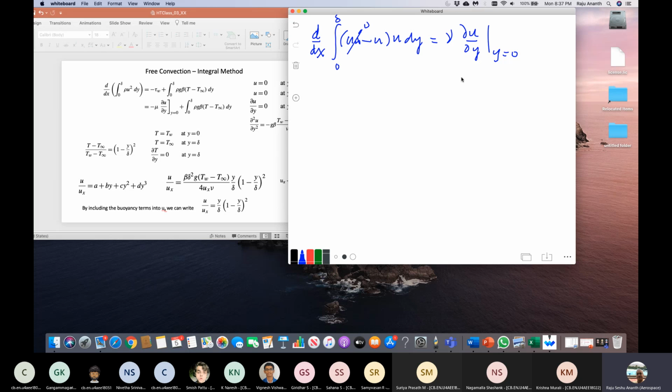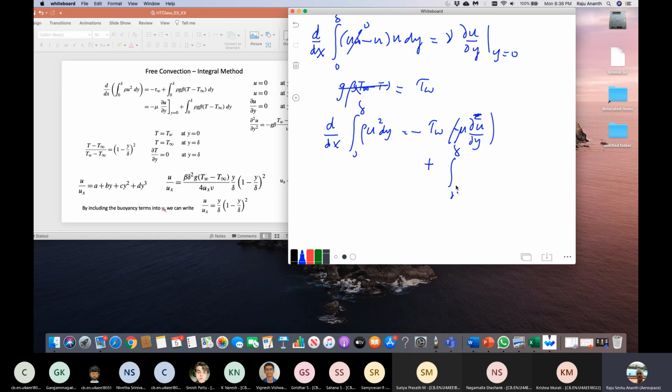So what was our momentum equation earlier? The right hand side was tau, and then there was a term g beta (T minus T infinity) on the left hand side, an extra force. That can be taken outside. So this becomes d over dx, with a negative taken to the right hand side, of the integral from 0 to delta of rho u square is equal to minus tau at the wall, which is mu du dy, plus the integral from 0 to delta of rho g beta (T minus T infinity).